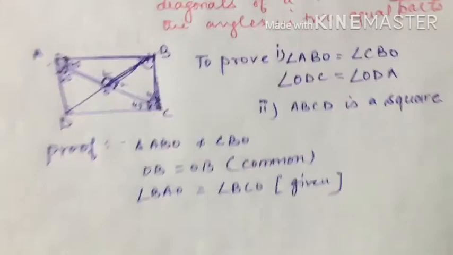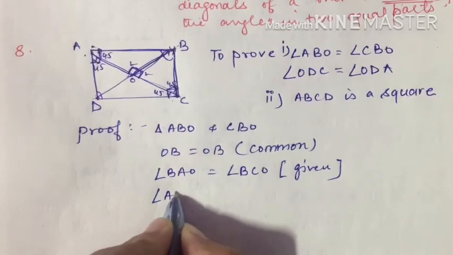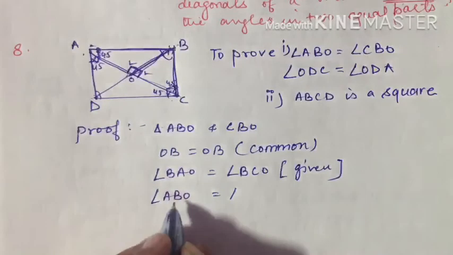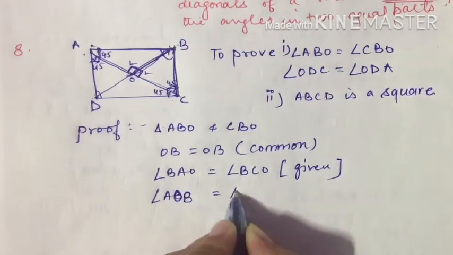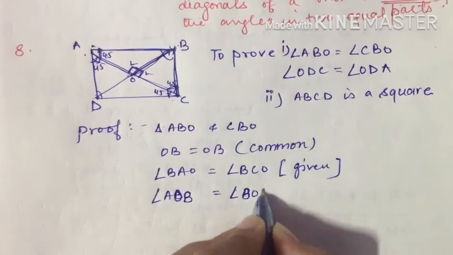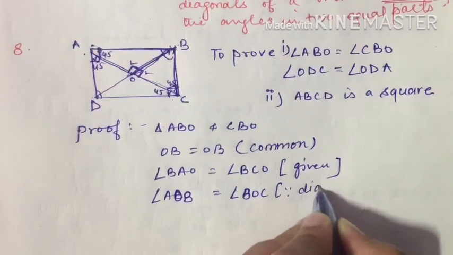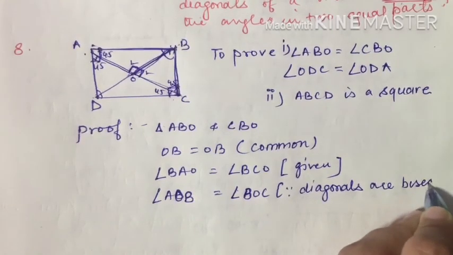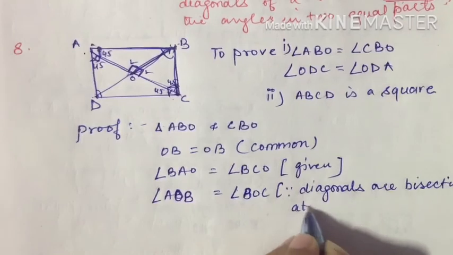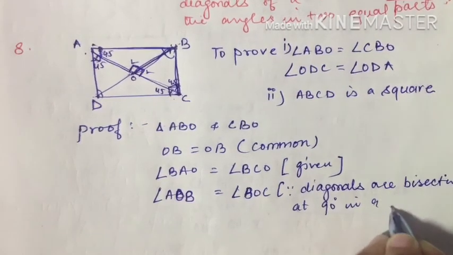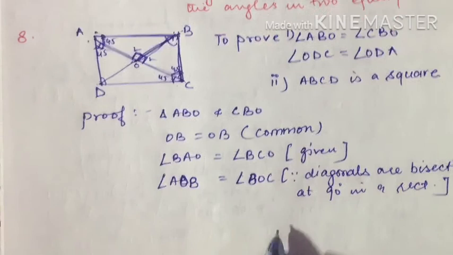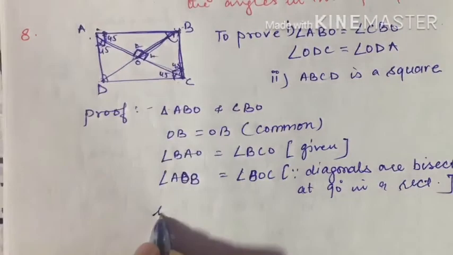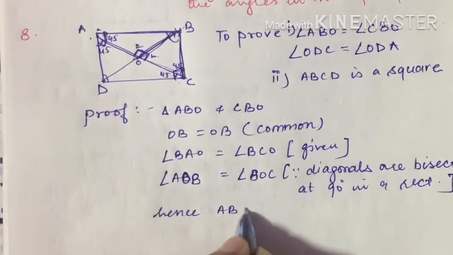And next, angle AOB is equal to angle BOC, because diagonals are bisecting at 90 degrees in a rectangle. This is a property we should know, then only we can solve them. So we have proved that this triangle is congruent to this, hence AB will be equal to BC.